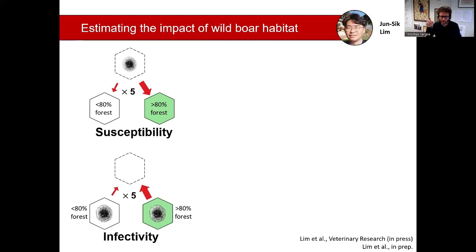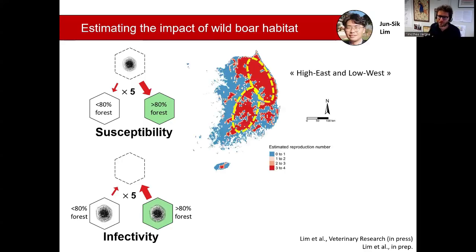Okay, so it should remind you a little bit of what was done on HPAI with the duck farms and the chicken farms. So it's much more susceptible and much more infectious. And by projecting these parameters to the South Korean peninsula, there was this clear pattern towards the Sobaek and Taebaek mountain ranges in the east.